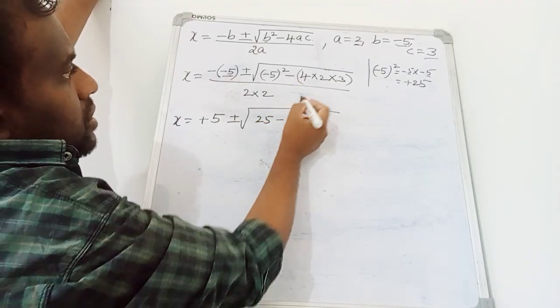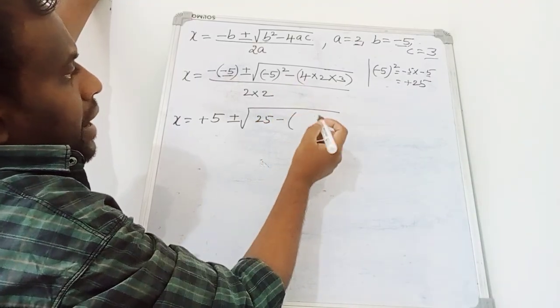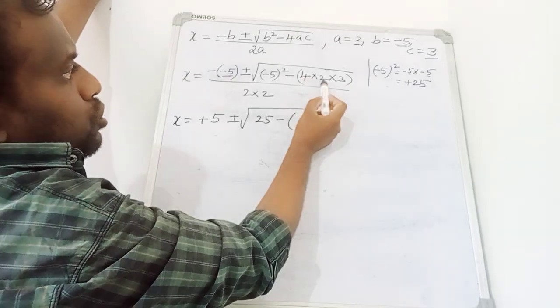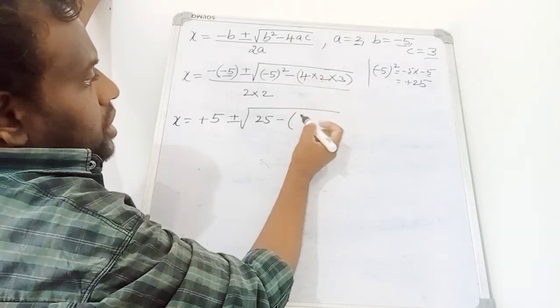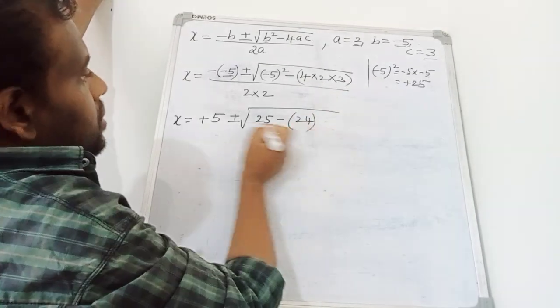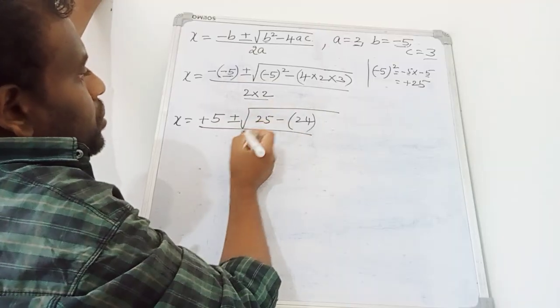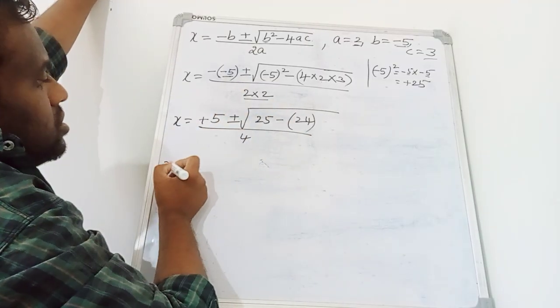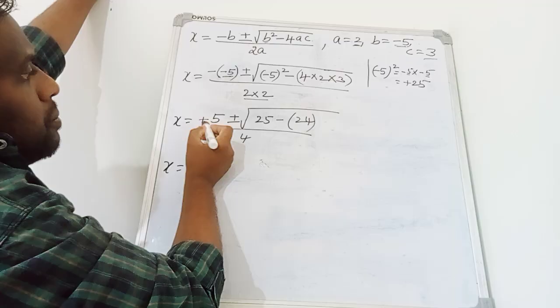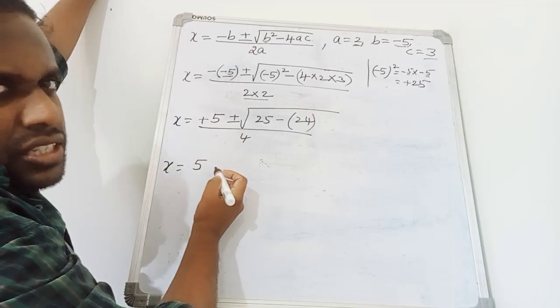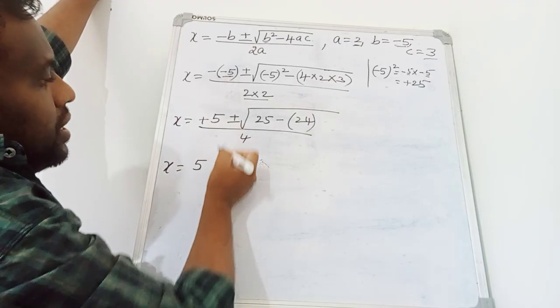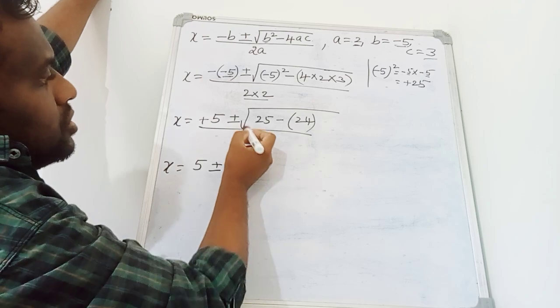Next minus, open the bracket and multiply: 4 × 2 is 8, 8 × 3 is 24. 2 × 2 is 4. So x = 5 plus or minus the square root.